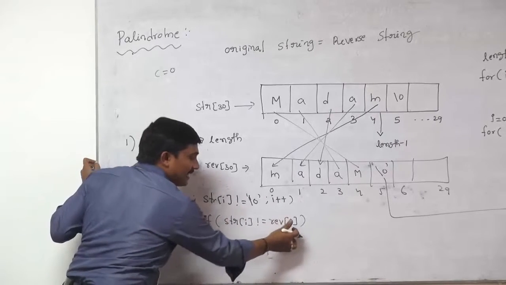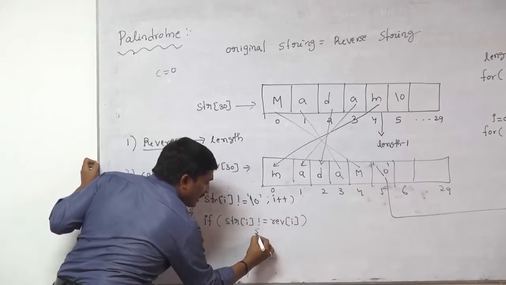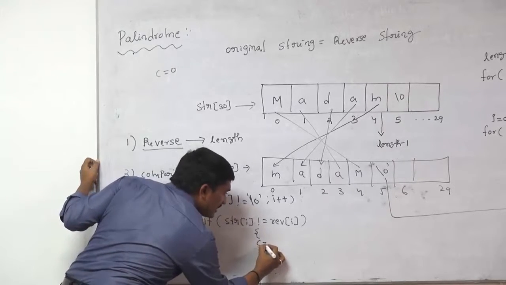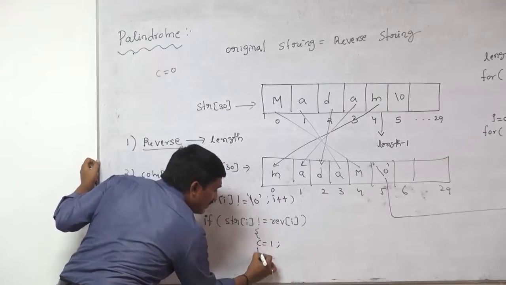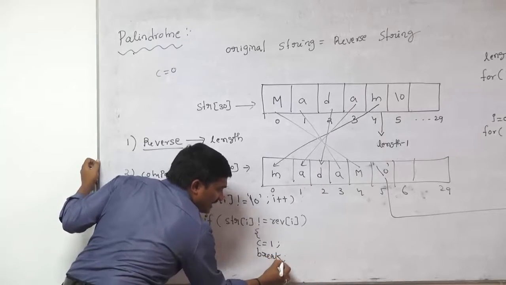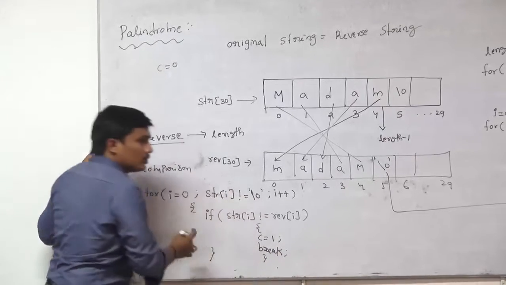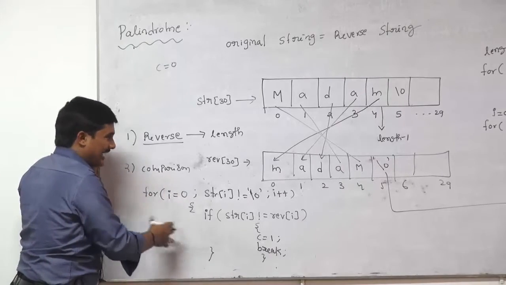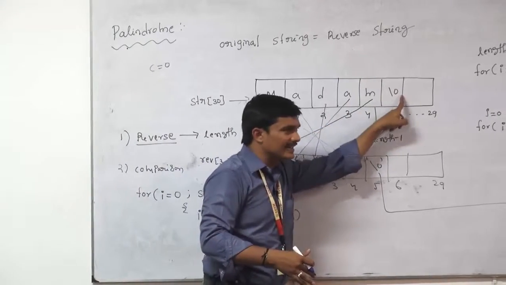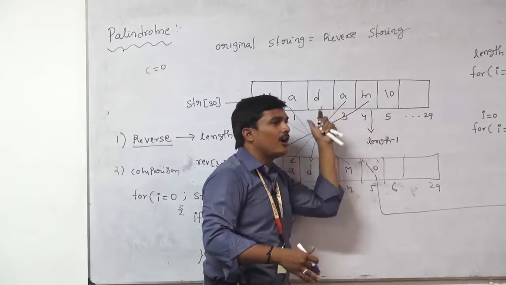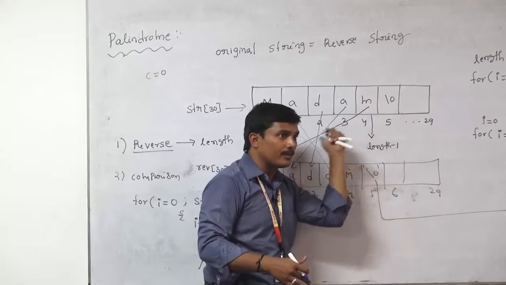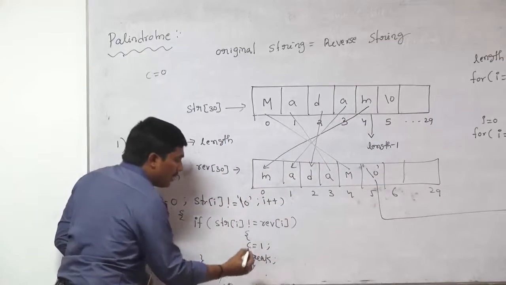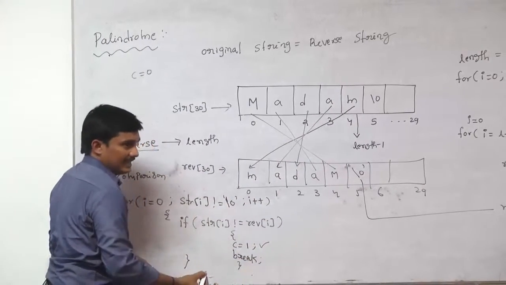So str of i is not equal to rev of i. That means the strings are not equal. Then update your c to 1 and call the break statement. What is the use of the break statement? To stop the loop execution. So this process will continue either up to the last character, up to the null character, or up to the middle of the string. After completion of this loop, your output depends completely on the variable c.